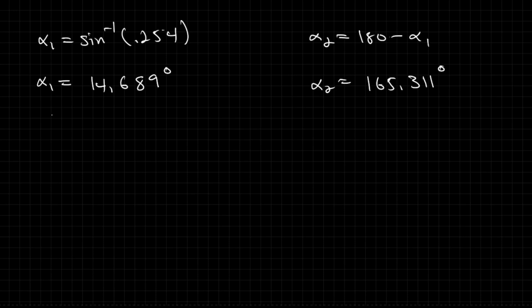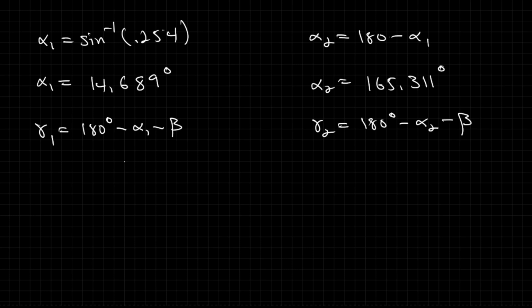Let's now determine what gamma is. We'll determine gamma 1 by doing 180 degrees minus alpha 1 minus beta. And we'll determine gamma 2 as 180 degrees minus alpha 2 minus beta as well. What we get for gamma 1 is 140.311 degrees.